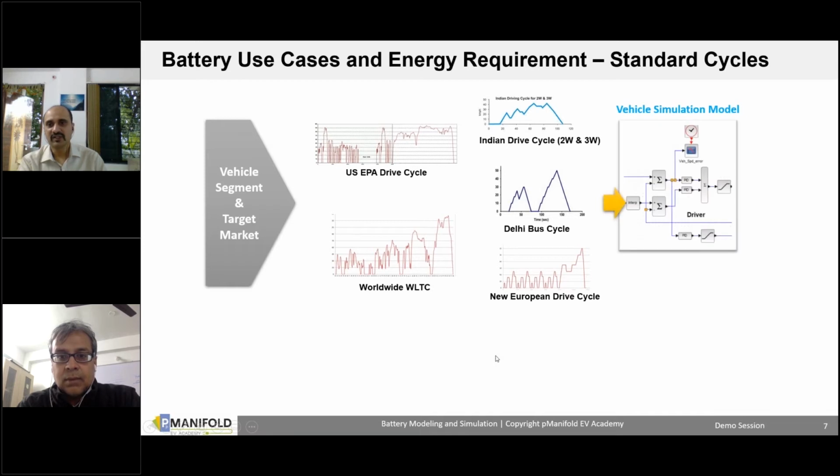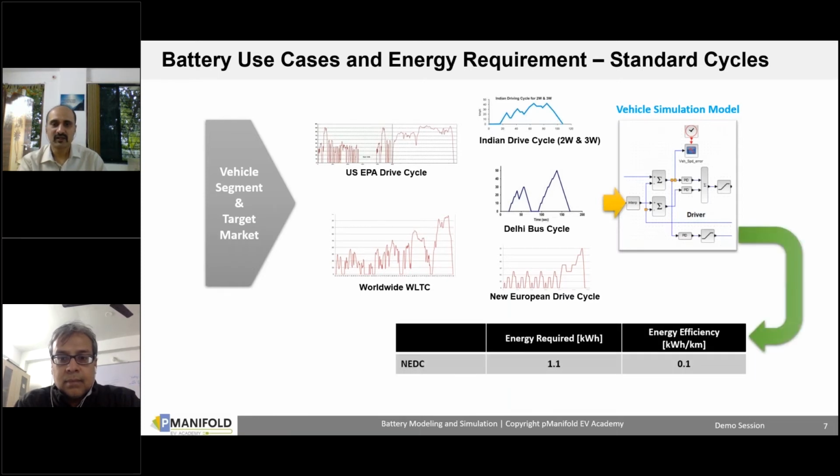All of these you can feed into the driver of your simulation model as the target speed, driving through a PID controller which represents the driver, both the accelerator and the brake pedal. We can simulate the vehicle over these cycles and get the energy required for that particular cycle, and then the energy efficiency as well, which is kilowatt hour per kilometer.